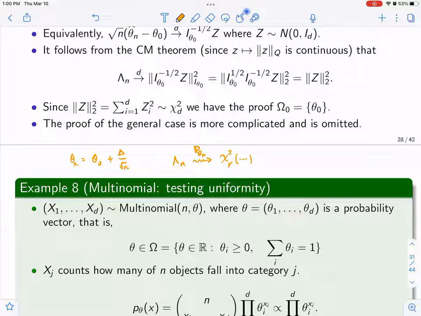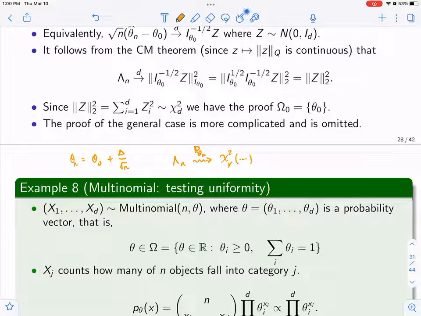This requires technical tools like contiguity, a nice tool developed by Lucien Le Cam, and Le Cam's third lemma, which lets me translate things under this alternative to things under theta naught. Once you have those tools, you can analyze this, and there's an interesting result.